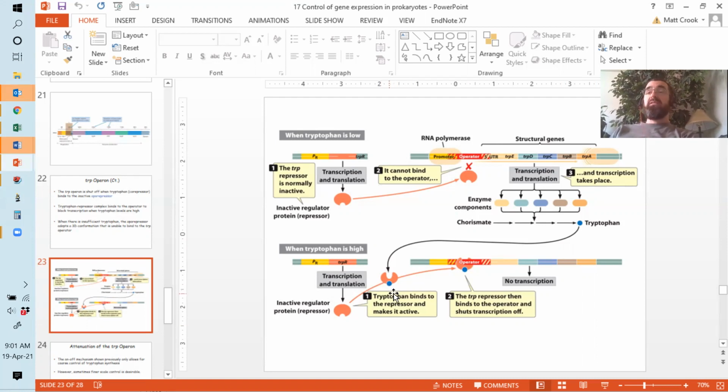So the tryptophan is the co-repressor. And that aporepressor co-repressor complex is now able to bind DNA, right? Because its shape is such that it recognizes the trp operator, trp O. All right, and then that completely shuts down expression.